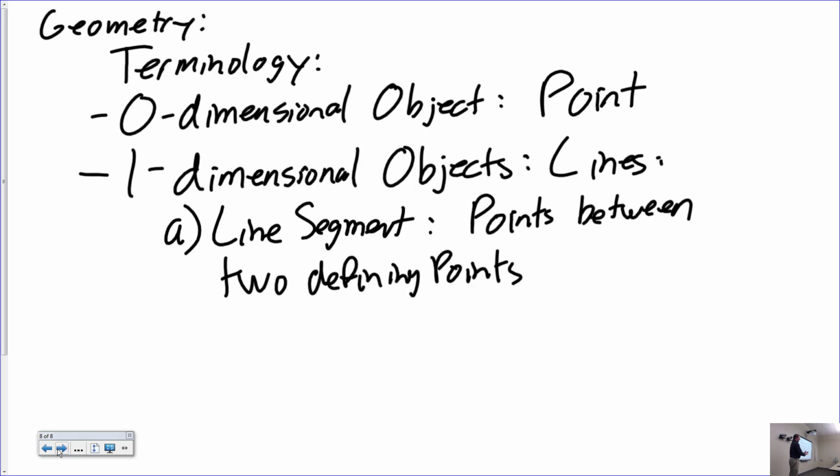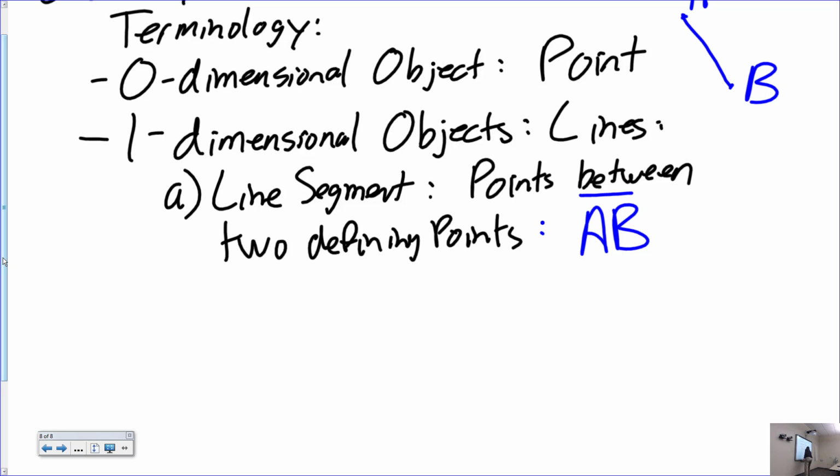Whether it's a line segment, ray, or a regular old line, it's technically a set of infinite points. But the idea is that a line segment is just the points between 2 points, okay? So if I had up here point A and point B, the points that are between A and B is the line segment of A and B, okay? And for line segments, folks, you have the 2 points A and B in your description, and then you put a line over it to indicate that it's a segment, okay?